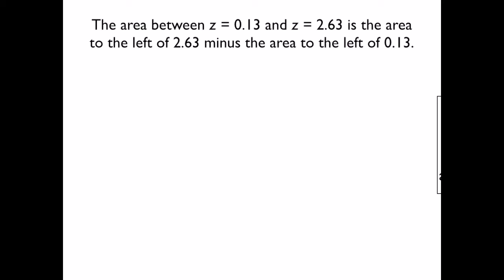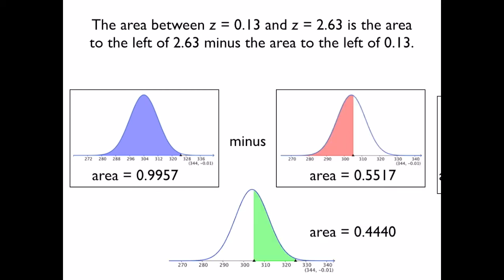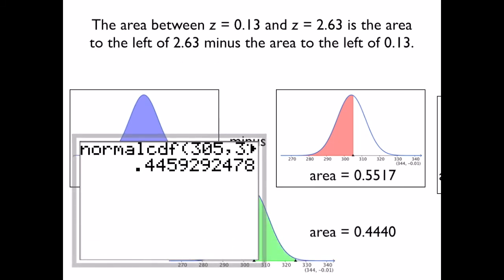If you remember, when we calculated this problem using the z-score method with table A, we first had to find the area to the left of 2.63, subtract the area to the left of 0.13 to give us that combined total area of 0.4440. Now, using your calculator makes this one step instead of 3 steps. And so we conclude about 45% of scores are between those two values.